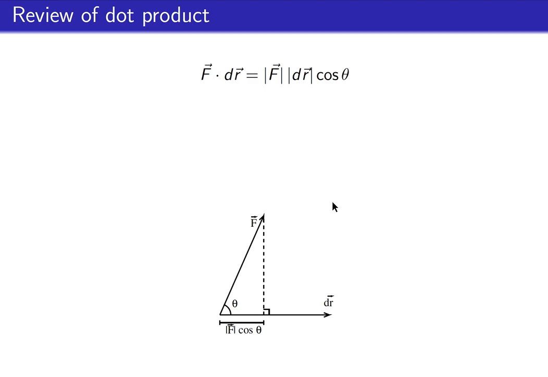Back in chapter 9, in 9.3, 9.4, somewhere around there, they talked about the scalar component. The idea is this: F has some amount in this direction and some amount in this direction. This direction here doesn't count. All that counts is this one. I'm going to look at how much F is in this direction multiplied by dr, and that's the dot product here.